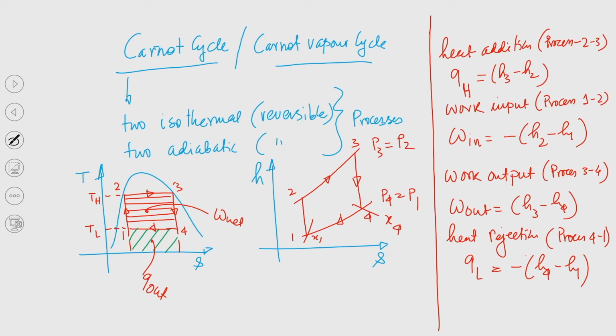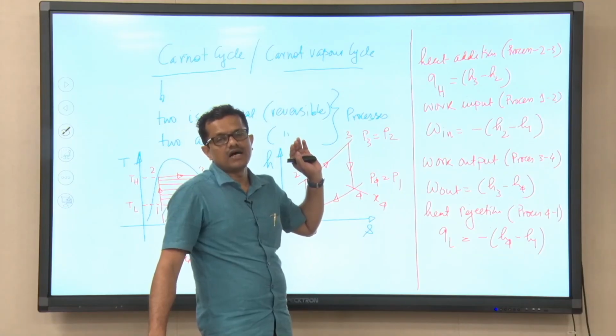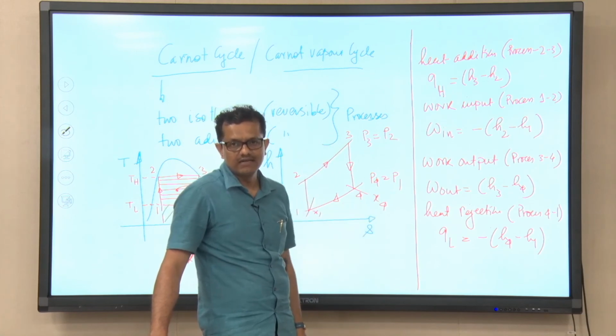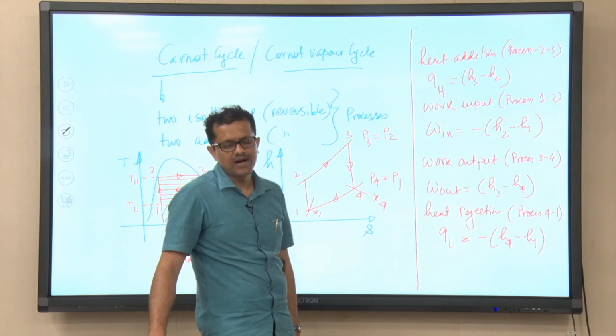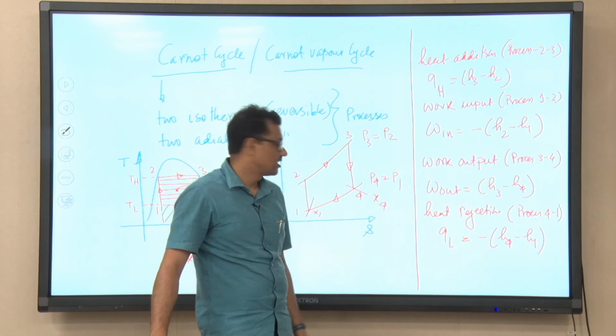So, if we apply steady state steady flow equation to the boiler, condenser, turbine and pump, as I said to you in the beginning in the last class, all these devices are either heat interacting or work interacting devices. So, if we apply the steady state steady flow process to the boiler, pump, turbine and condenser, we can write this expression, fine.